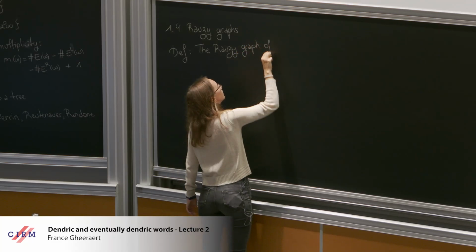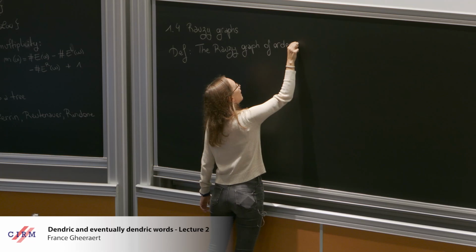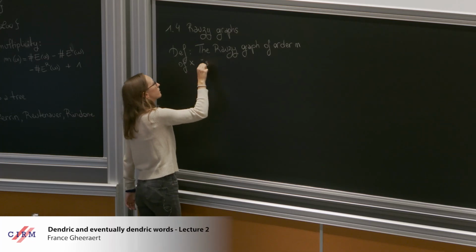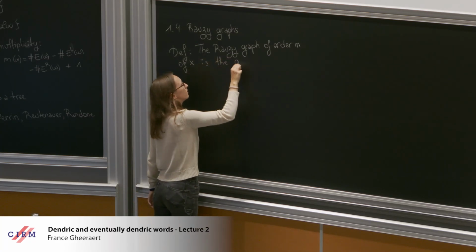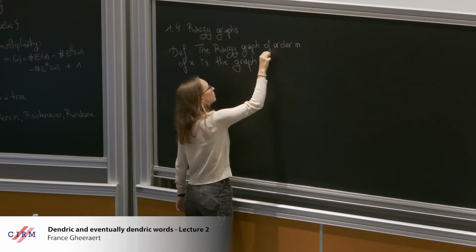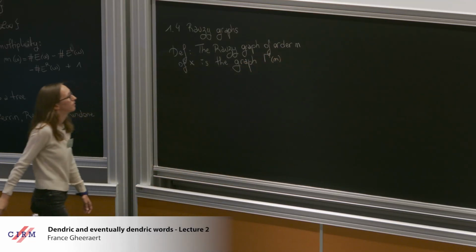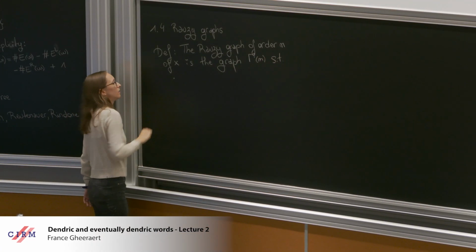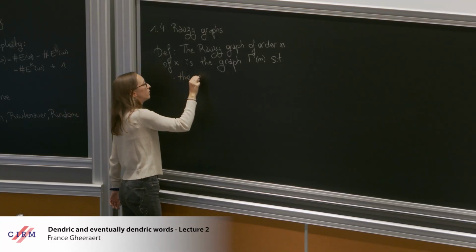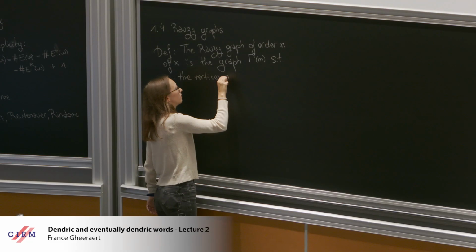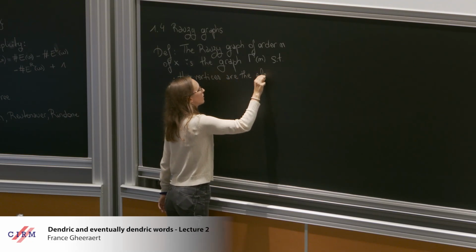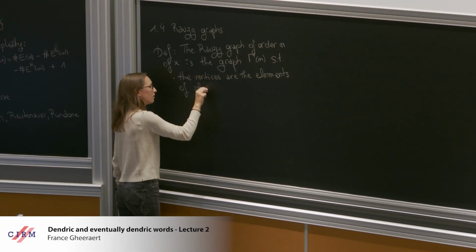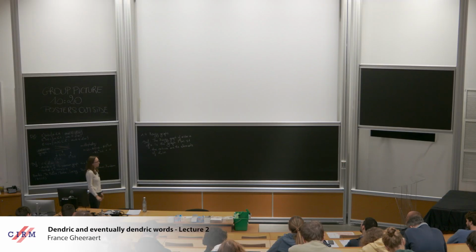The rosy graph of order n of X, of my sequence, is a graph that we denote Gamma n, such that the vertices of that graph are the elements of this, so these are the words of length n that appear in X.